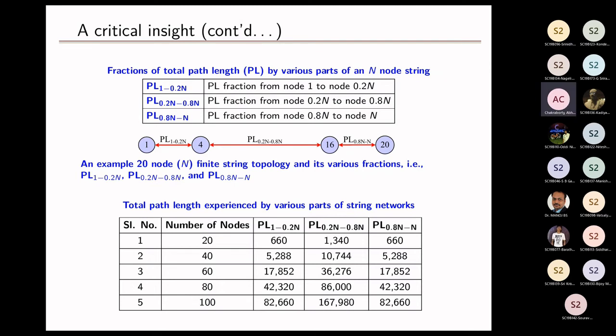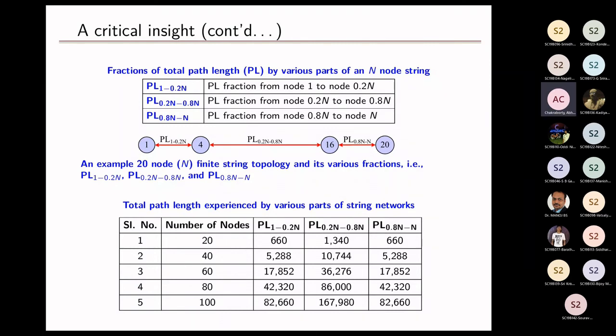And as for the terminal nodes, for example in a 20 node network, the nodes nearer to 20 contribute more path length than the mid nodes in a network, because from a mid node you can reach other nodes very easily, but if it is a terminal node, you need to go all the hops to reach that node.